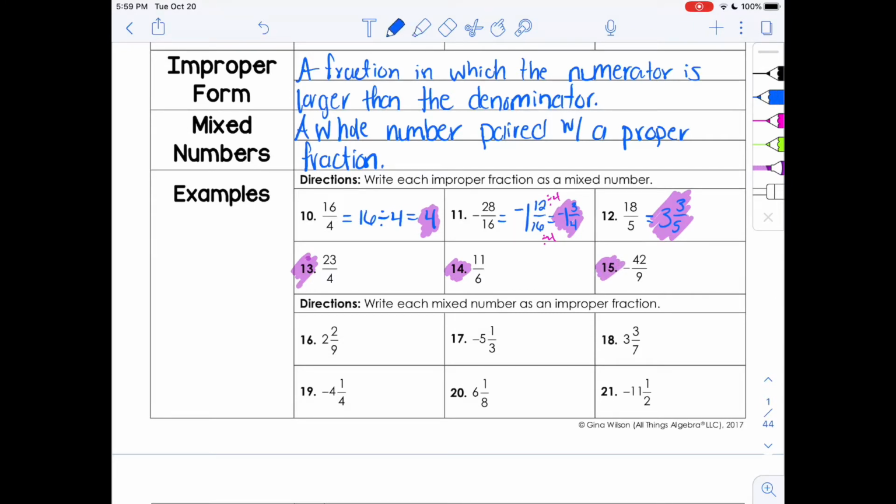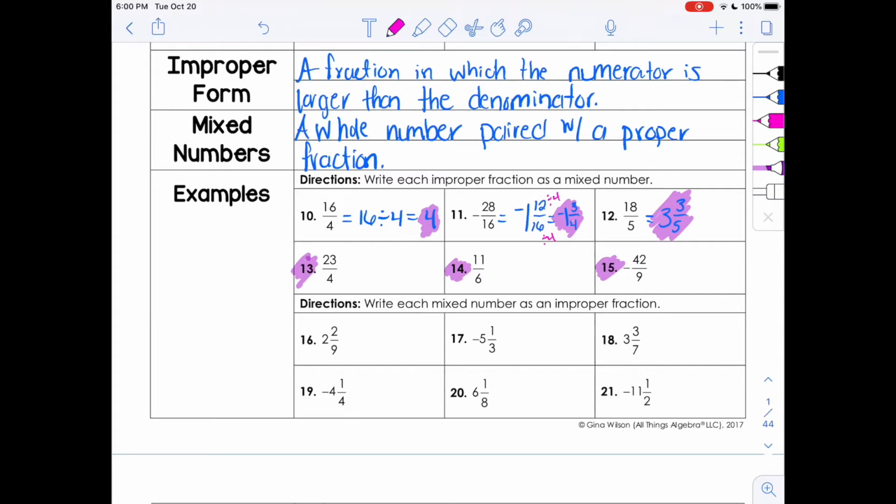Now let's take a look at changing a mixed number into an improper fraction. So remember, to change a mixed number to an improper fraction, we multiply the denominator times the whole number and add the numerator.